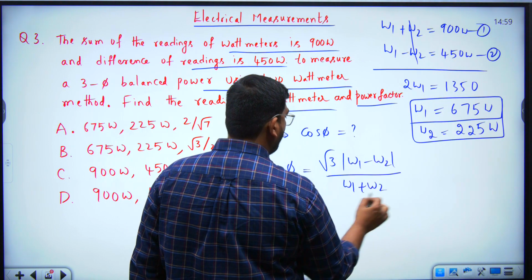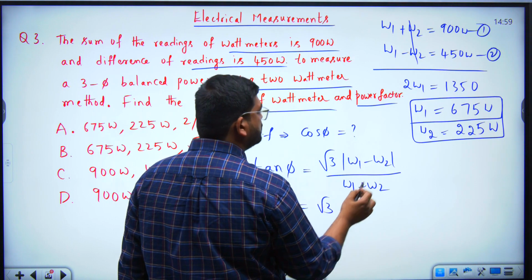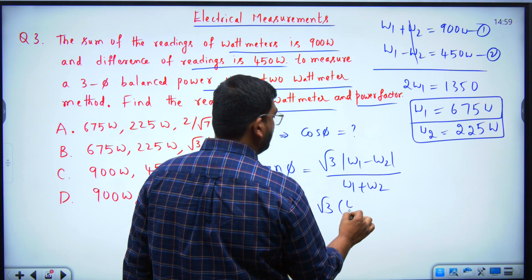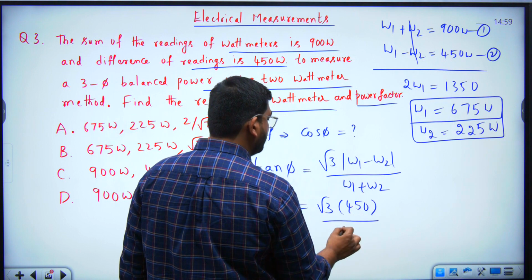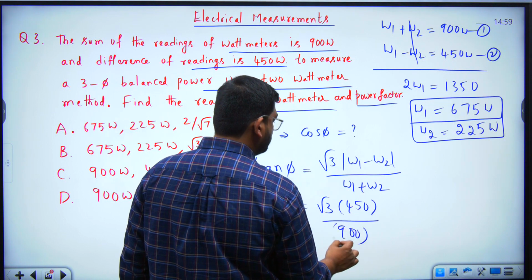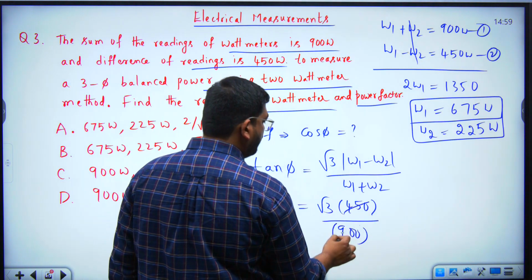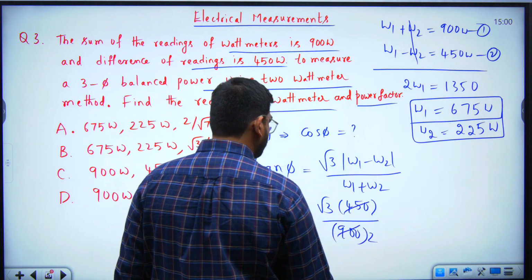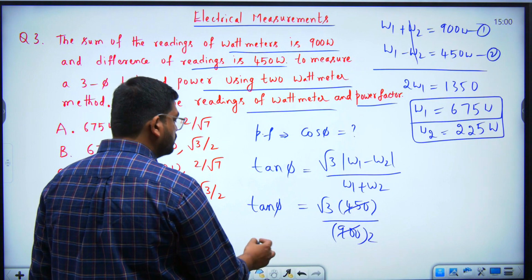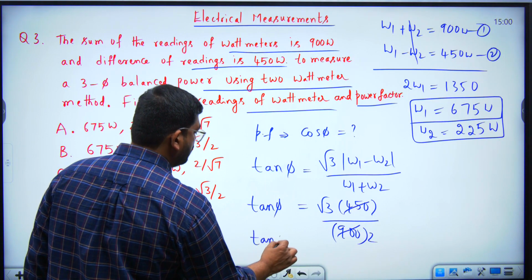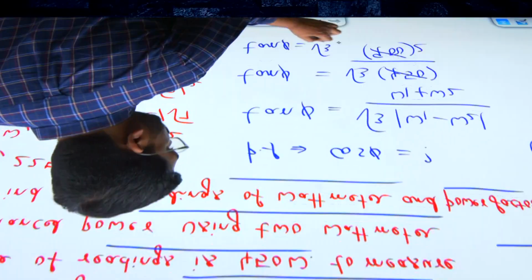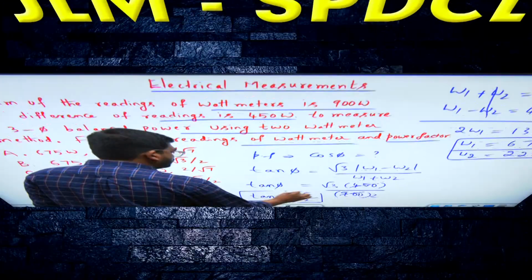Root 3 into W1 minus W2, which is 450, given already, and W1 plus W2 is given as 900. So tan phi we identified as root 3 into 450 by 900, which means 1 by 2. So tan phi we got as root 3 by 2.